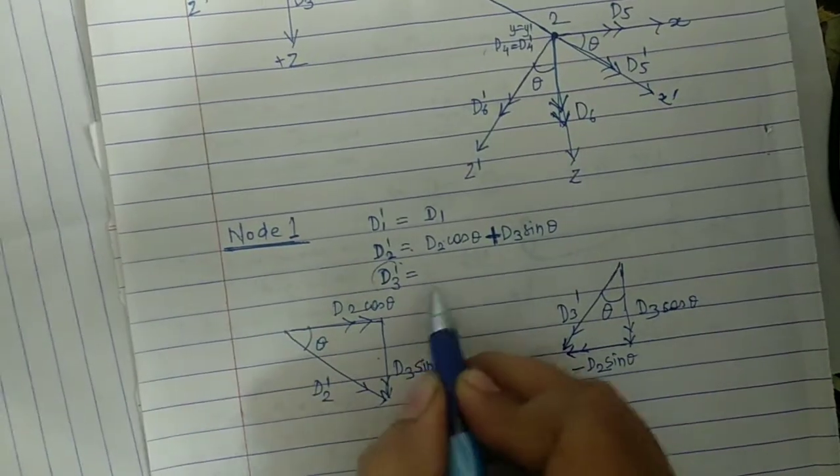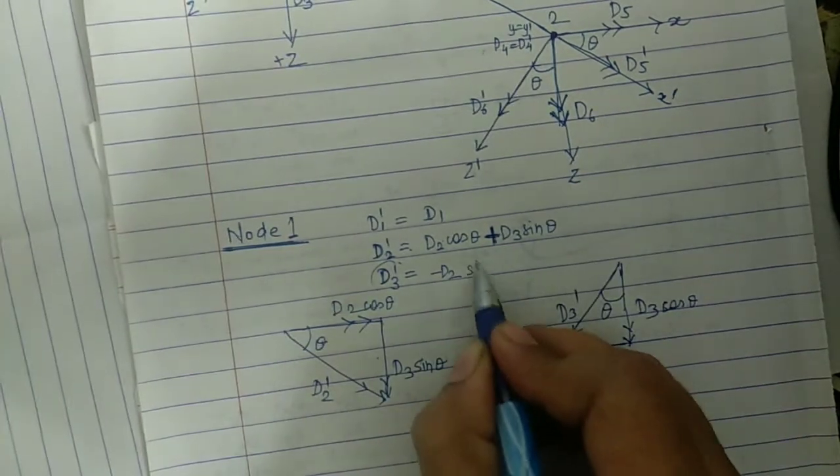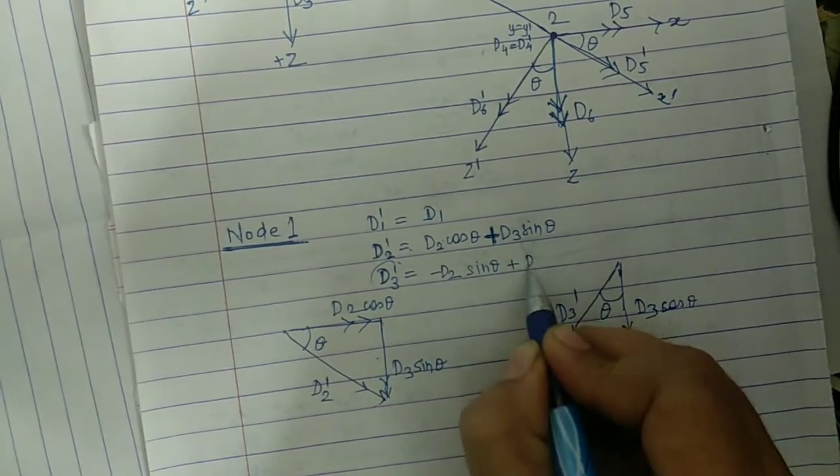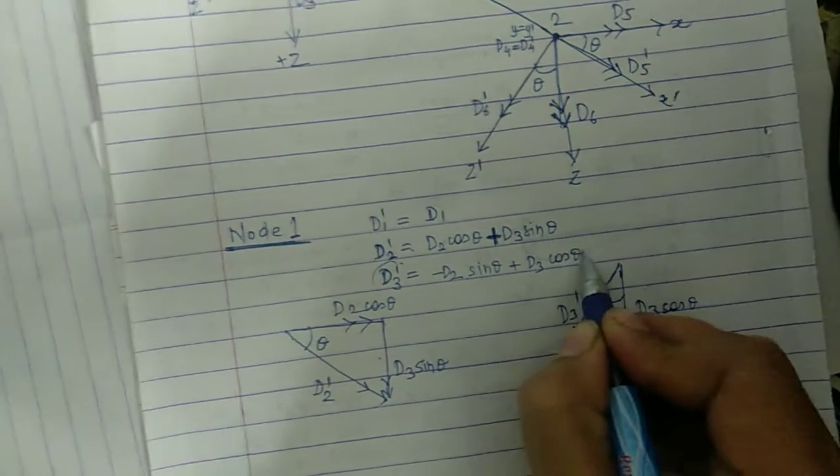So it can be written as minus d2 sin theta plus d3 cos theta.